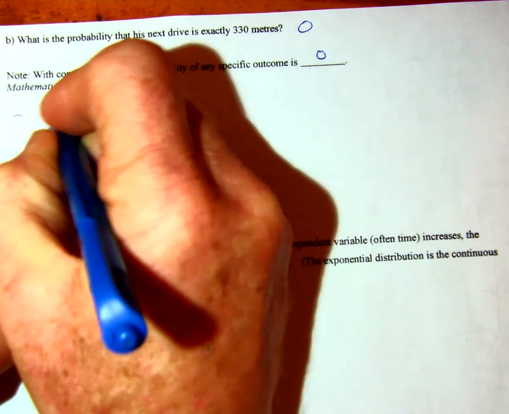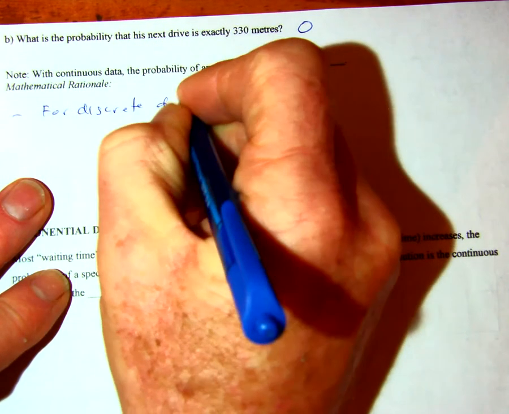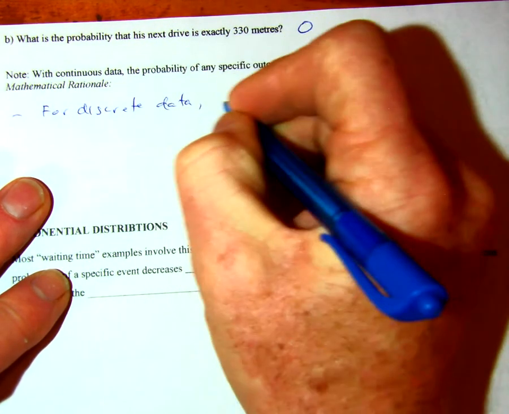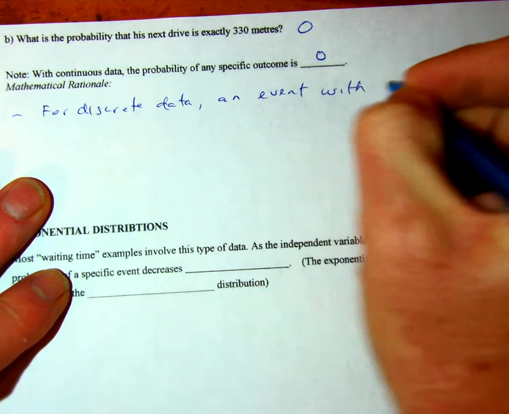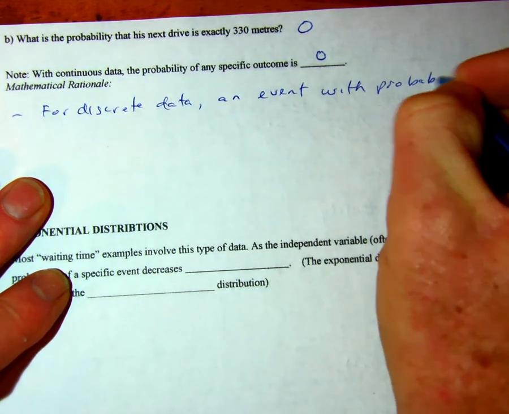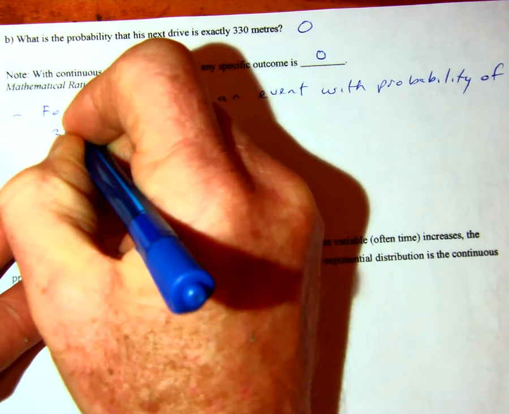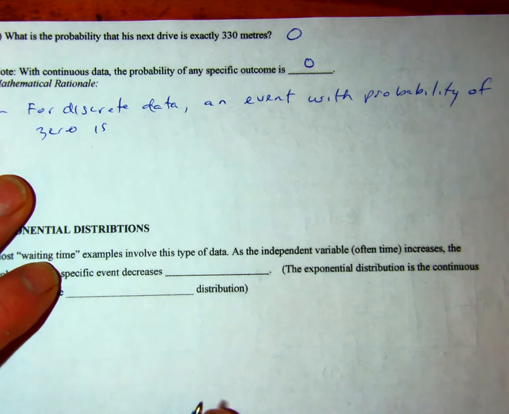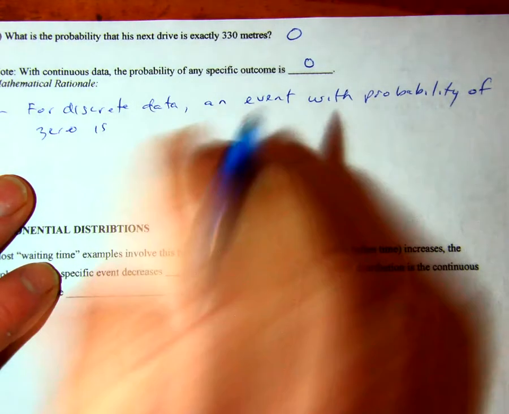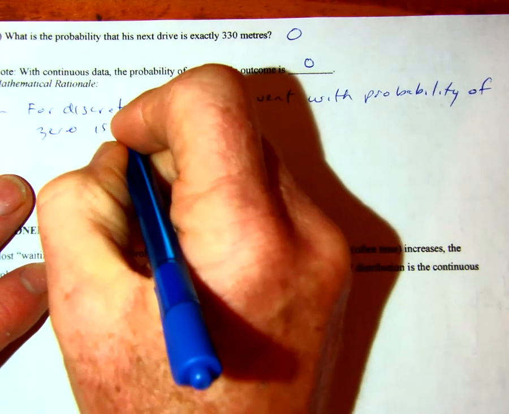So for discrete data, an event with probability of 0 is, for the stuff we've done so far with discrete data, if you get a probability of 0, it is impossible.